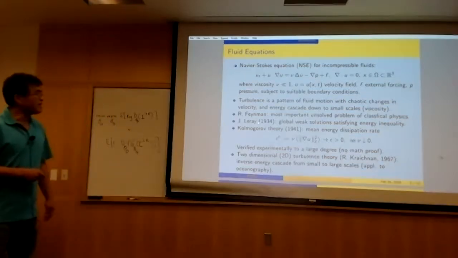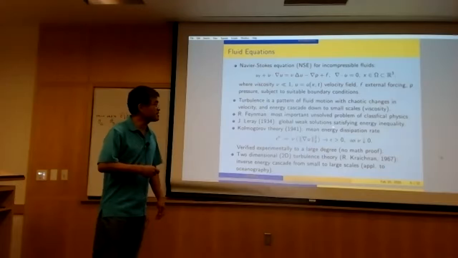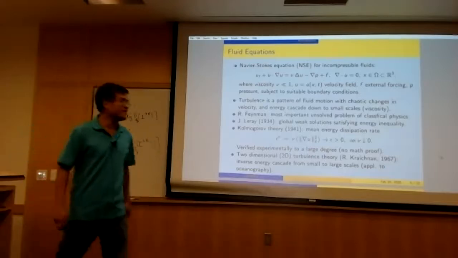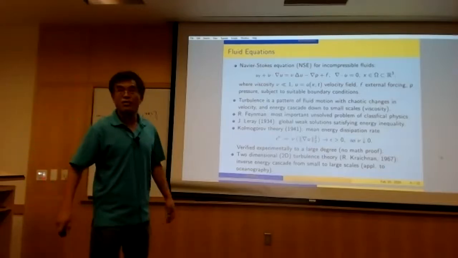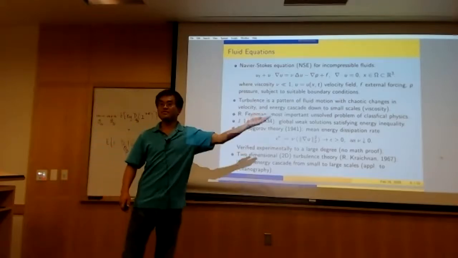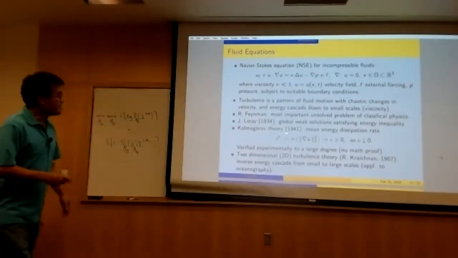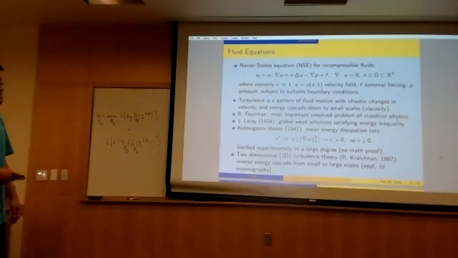And in mathematics, in 1934, Jean Leray constructed the global weak solutions, satisfying a certain energy inequality. To this day, mathematicians cannot construct a global smooth solution. If you can do that, that's $1 million delivered. Okay. All right. So this solution remained something to work with, because it's mathematically established.